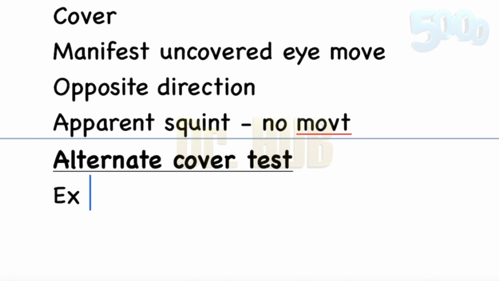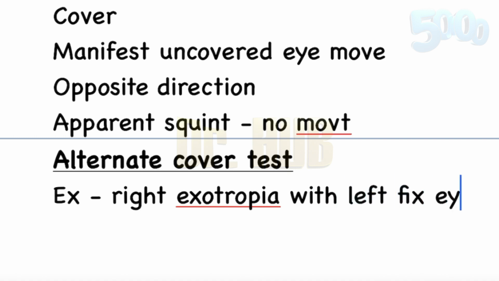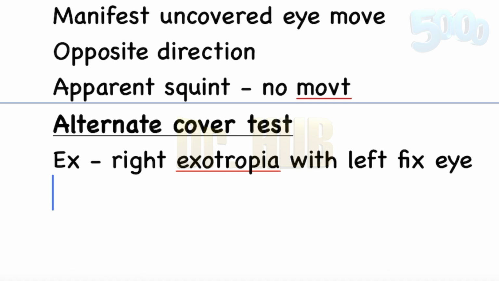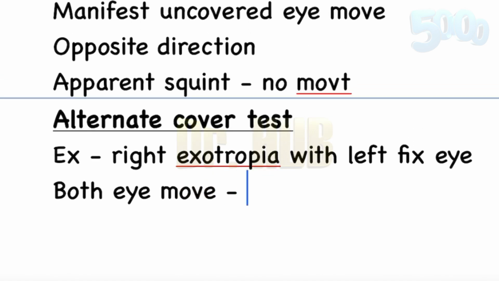Let's look at an example where a patient has a right exotropia with the left eye fixating. In such a case, both eyes move each time the cover alternates from one eye to the other.